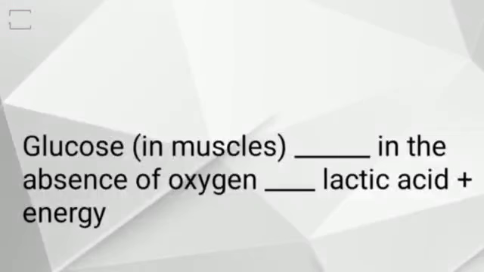That's why we respire anaerobically. The partial breakdown of glucose produces lactic acid. The accumulation of lactic acid in the muscles causes muscle cramp.